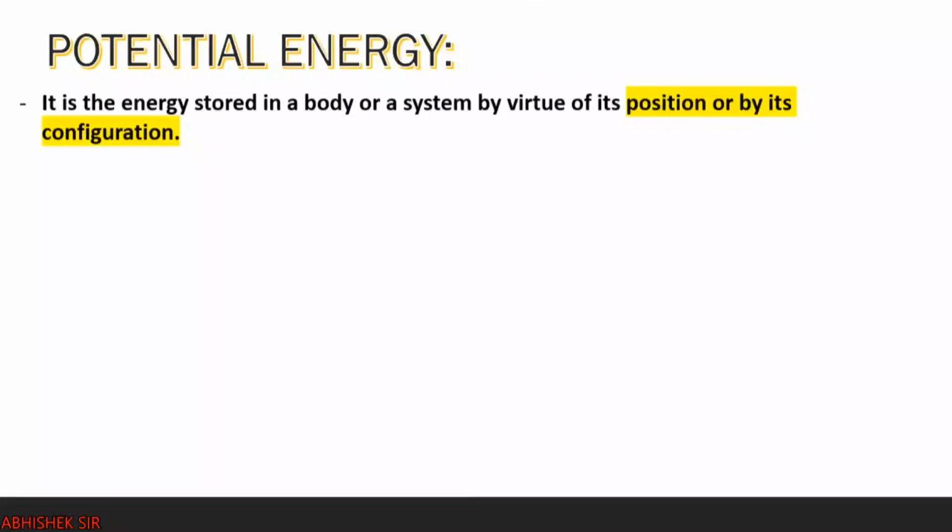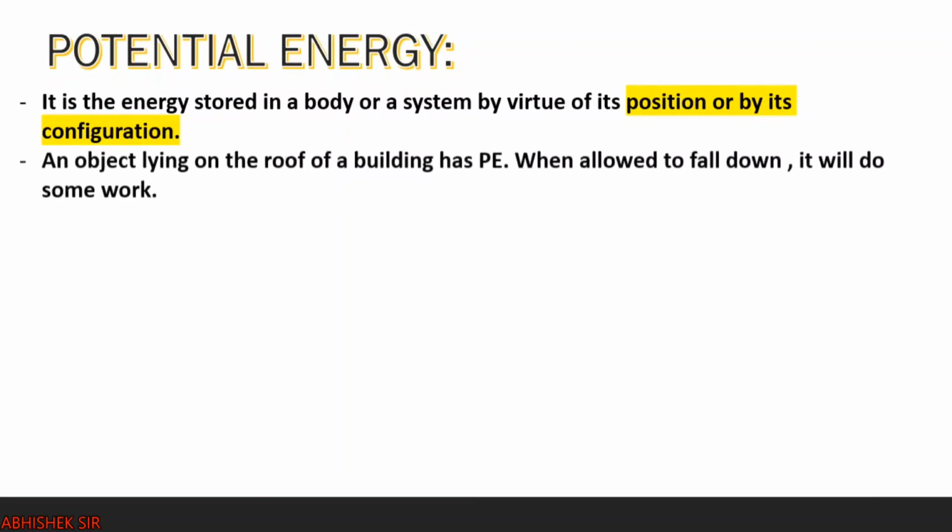Potential energy is the energy stored in a body or a system by virtue of its position or its configuration, right? An object lying on the roof of a building has potential energy. How can we say that? If we allow it to fall down, suppose free fall, it will do some work. It will fall on its own.